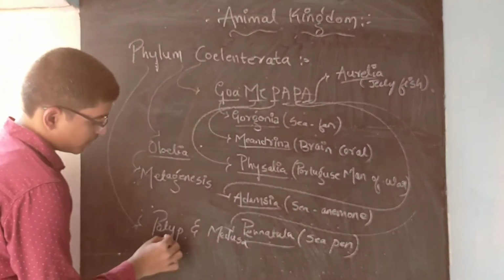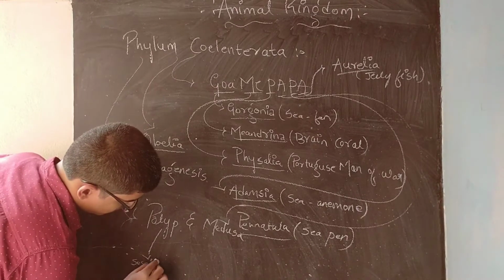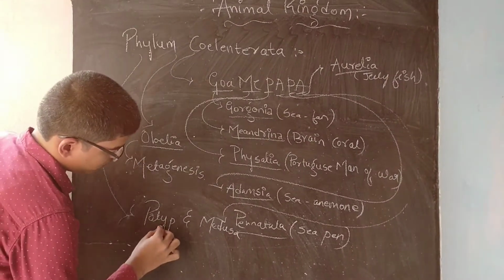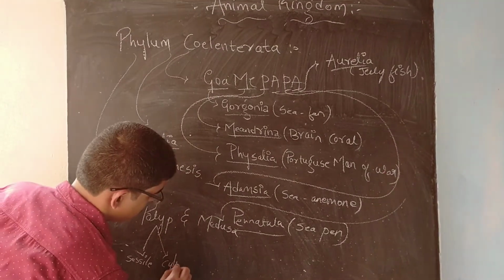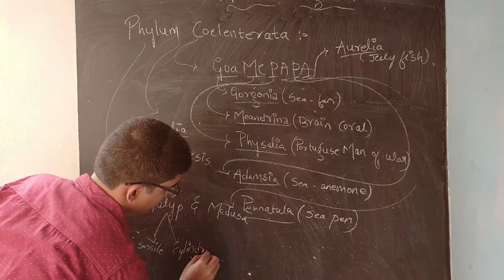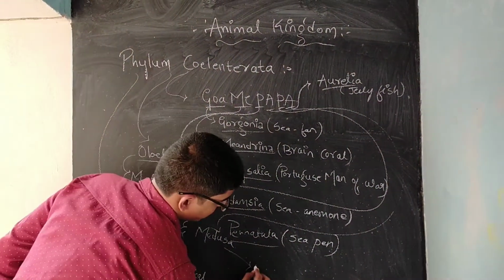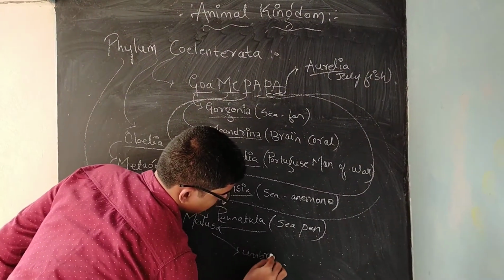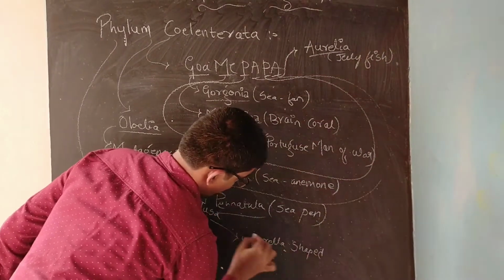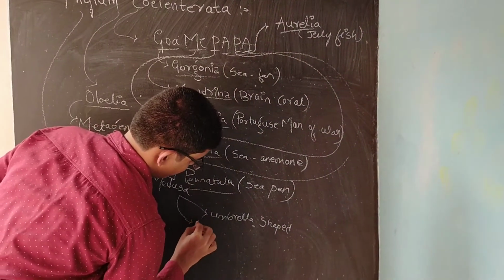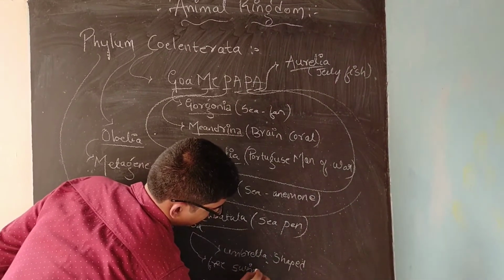So this polyp is sessile, non-motile and cylindrical shape. This medusa is umbrella shaped, and it is free swimming, means motile.